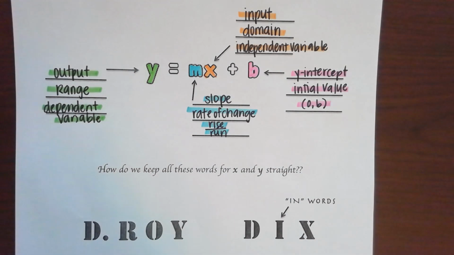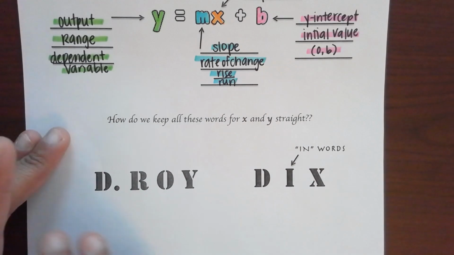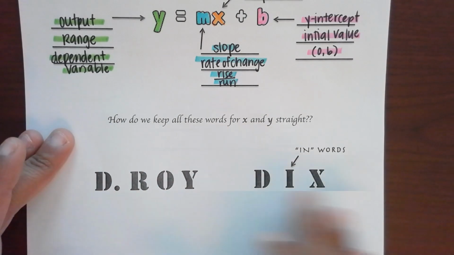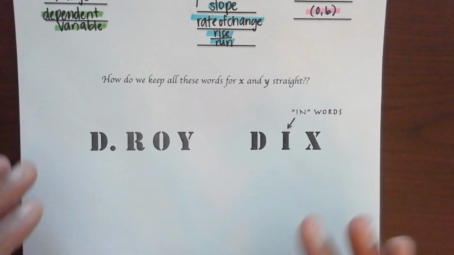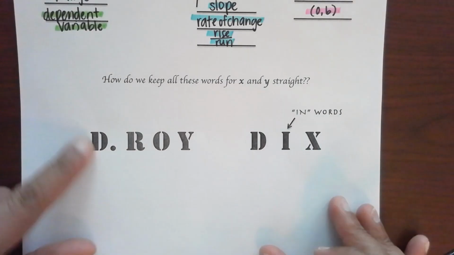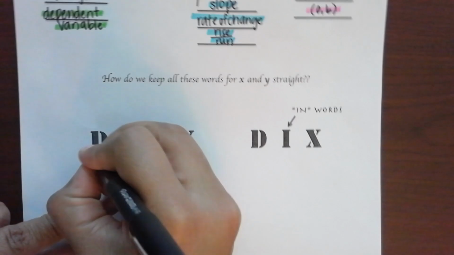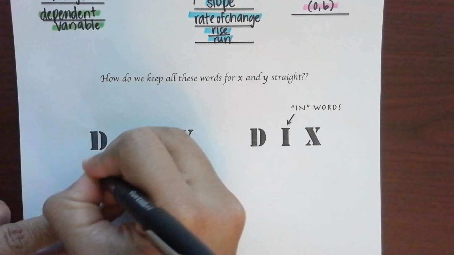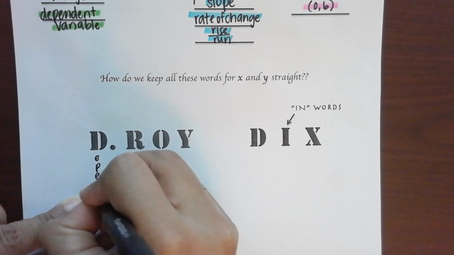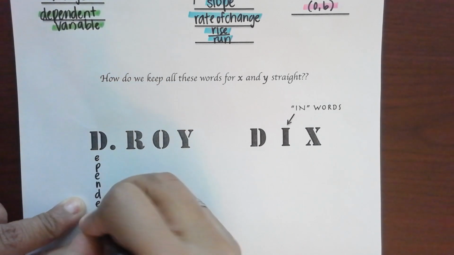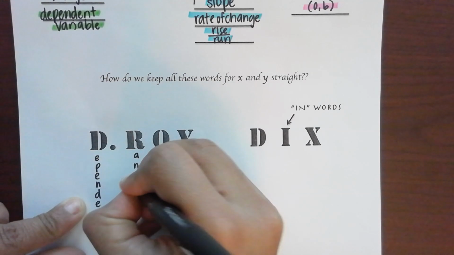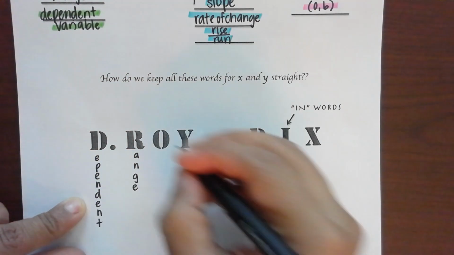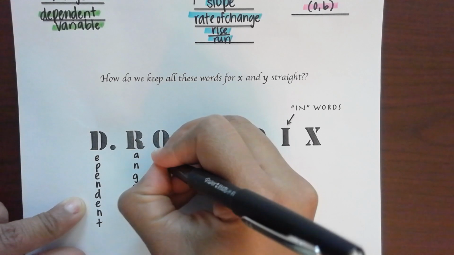How do we keep these words for x and y straight? Now, I typically don't do it this way, but I'm going to give it to you because those who might see it this way might understand a little better. D is for dependent, meaning the R is range. O is output.